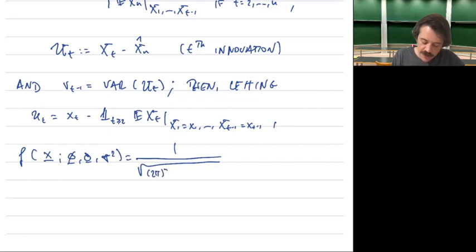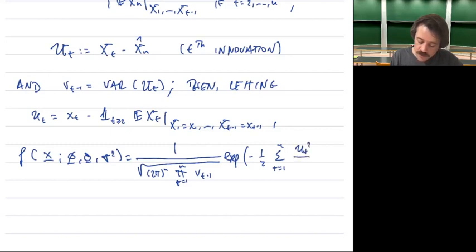This is 2 pi to the n, and then rather than the determinant, we have the product from 1 to n of the v's. Then we get minus 1/2 of the sum from 1 to n of u t squared divided by v t minus 1. This is still, of course, for x in Rn.